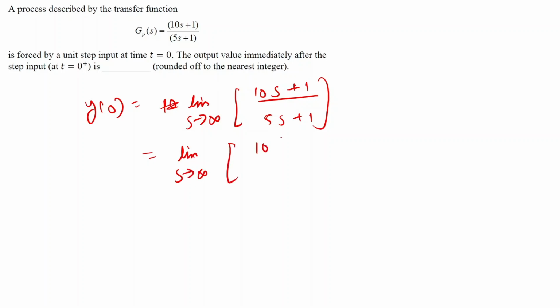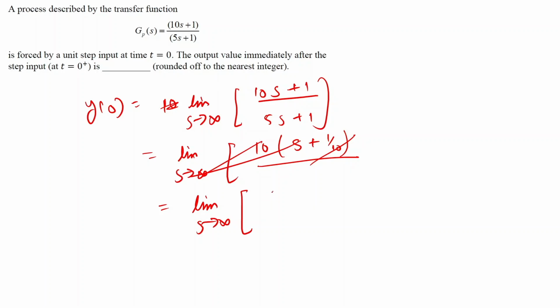You can bring s out, and like this we have to put the value of s as infinity. That is, we can write it as (10 + 1/s)/(5 + 1/s).